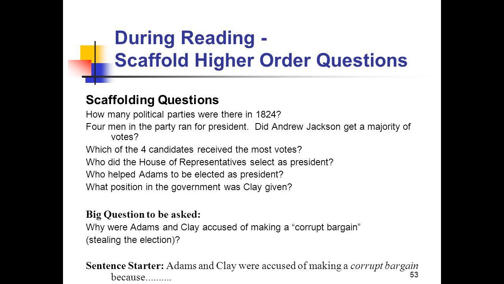But you're scaffolding up until you eventually get to this big question, which is, why were Adams and Clay accused of making a corrupt bargain? And so that could be debated. It is looking at a bigger picture or a bigger question. And it even has a sentence starter there: Adams and Clay were accused of making a corrupt bargain because... So that's actually using stems to help you write your higher level answers.